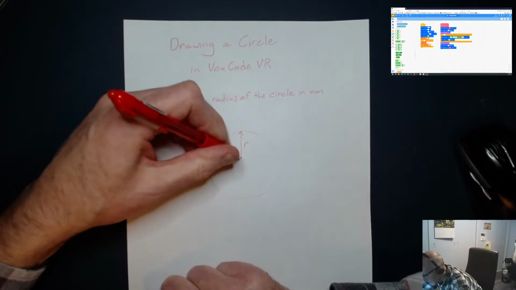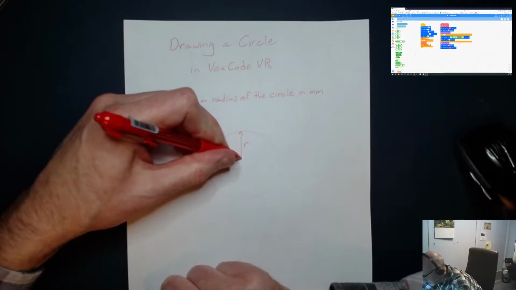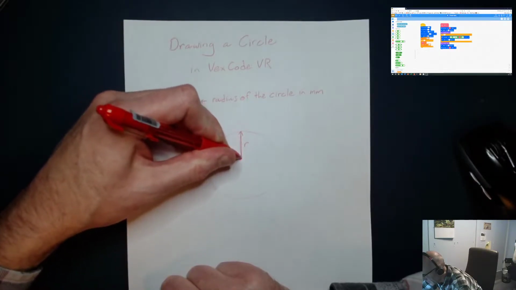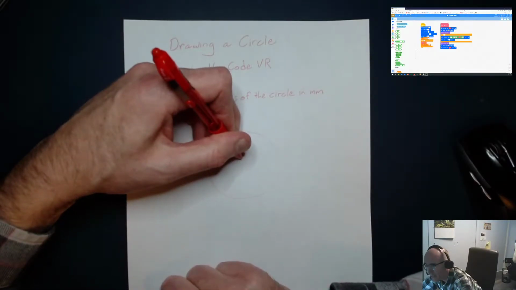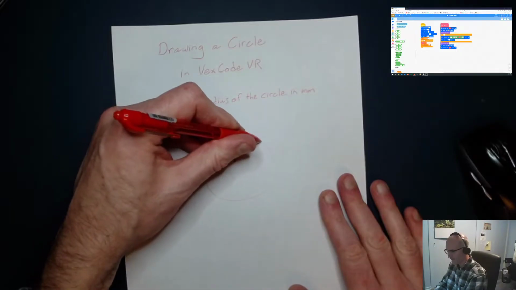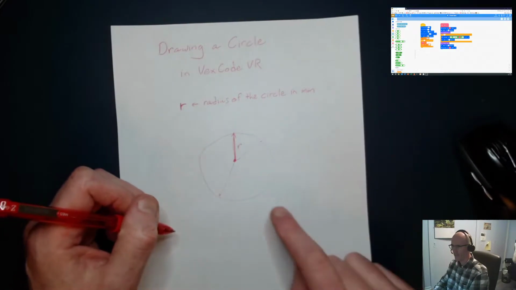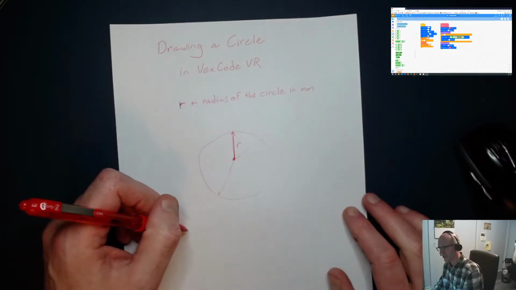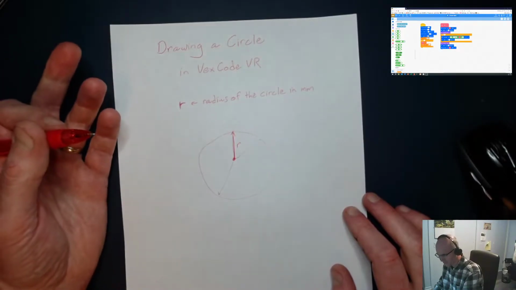If we're starting at this point right here, the first thing we need to do is drive out to the edge of the circle. The cool thing about circles is it doesn't matter which way you're pointing, because if you drive out this way, you get to the edge of the circle, and if you drive out this way, you get to the edge of the circle, aside from the fact that I didn't draw a very good circle right there. The radius is the same in any direction, so it doesn't really matter.